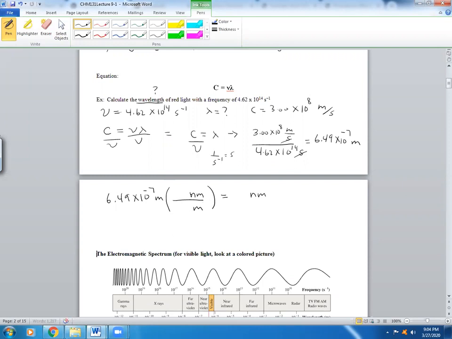We know that a nano is 10 to the negative 9th. So they cancel out. You take negative 7, divide by negative 9. You actually end up adding them, but you end up getting this number right here, 649 nanometers. You can move the decimal as well. It works either way. It should not be an issue. So you have 649 nanometers.